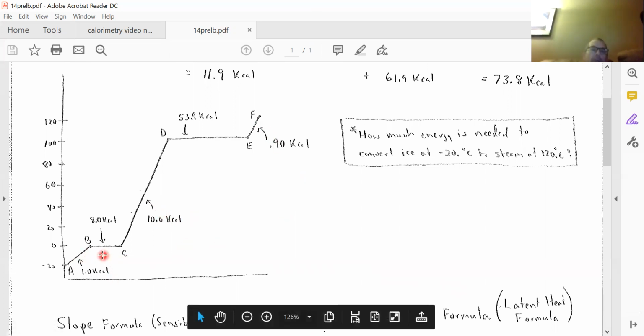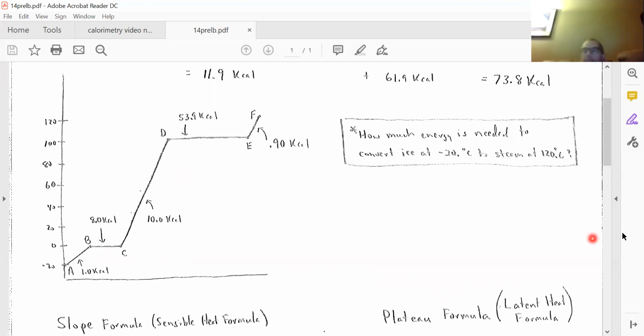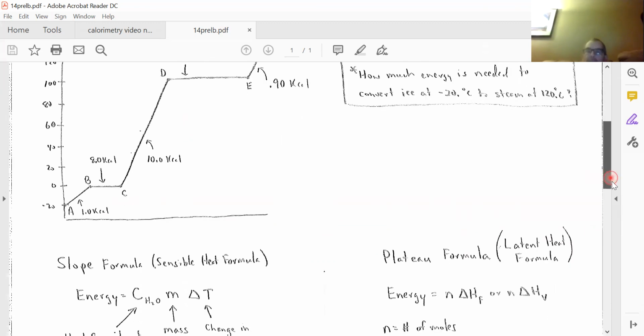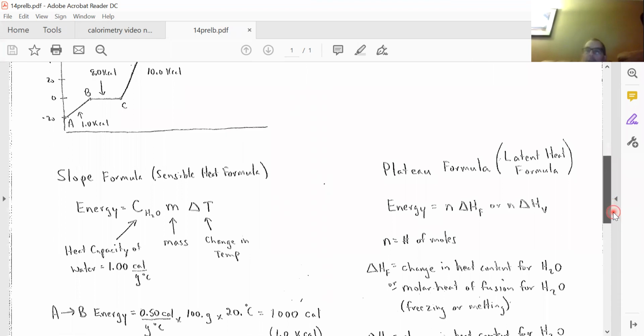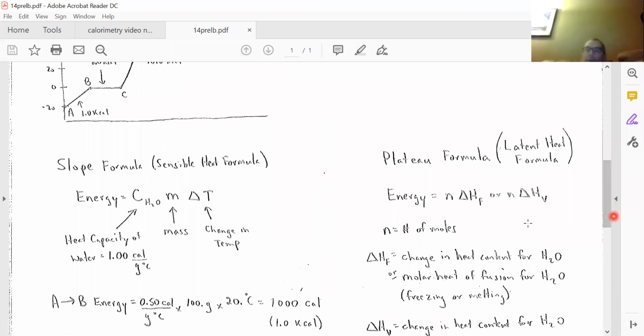We still have to account for the plateaus, and you're going to see that quite a bit of energy is stored in phase changes. So let's look at the plateau formula: N times delta HF or N times delta HV, where N is the number of moles.